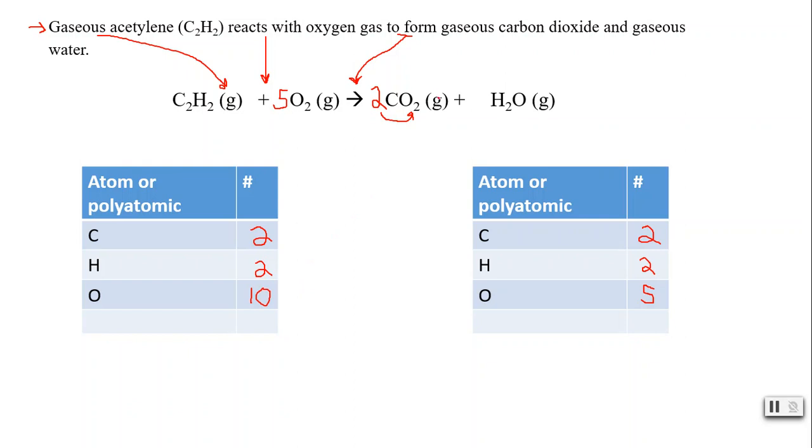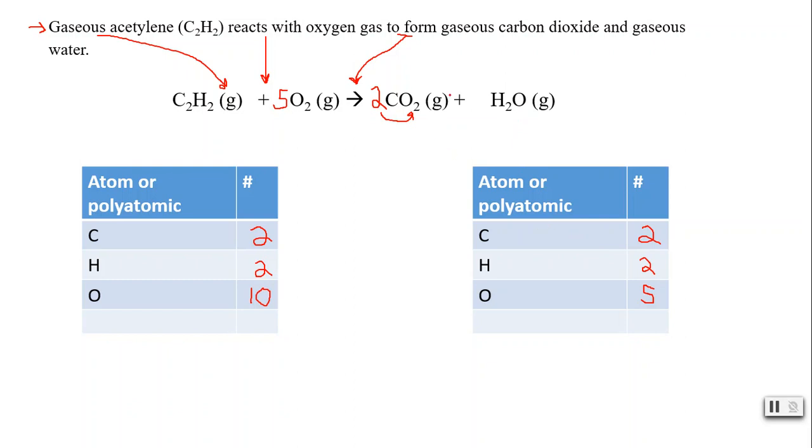So to get 10 oxygens on my product side, I see that I've got oxygen 2 places, right? I've got it here with the carbon dioxide and with the water. So which one do I choose? I mean, because both my carbons and hydrogens both look good. So we're going to have to change both of them.